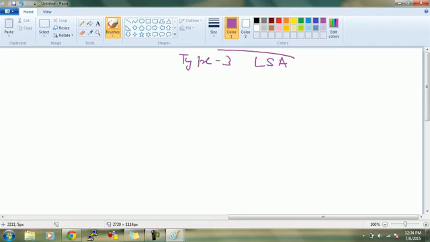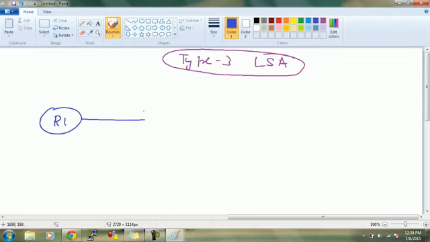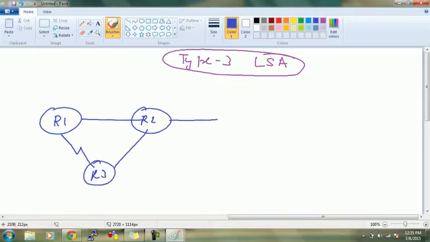type 3 LSA. R1, type 1 and type 2 is clear. R3, R4. Let's say this is my diagram. Now guys, till now we were discussing the concept of a single area.